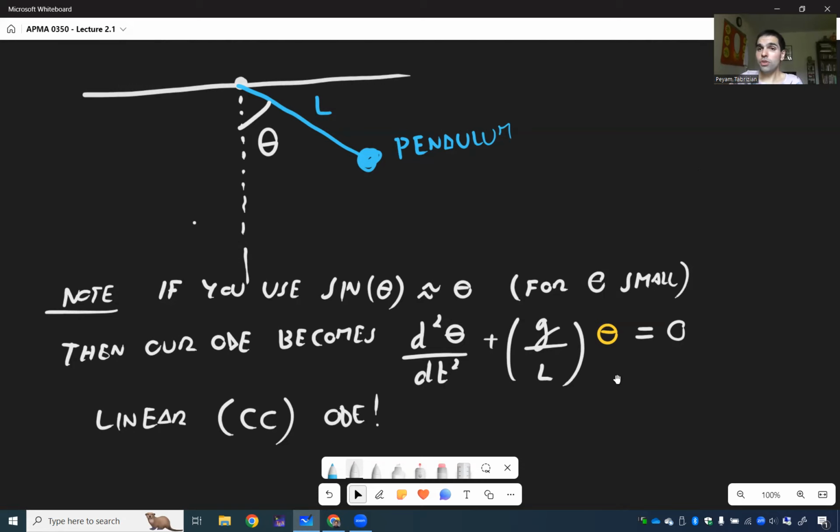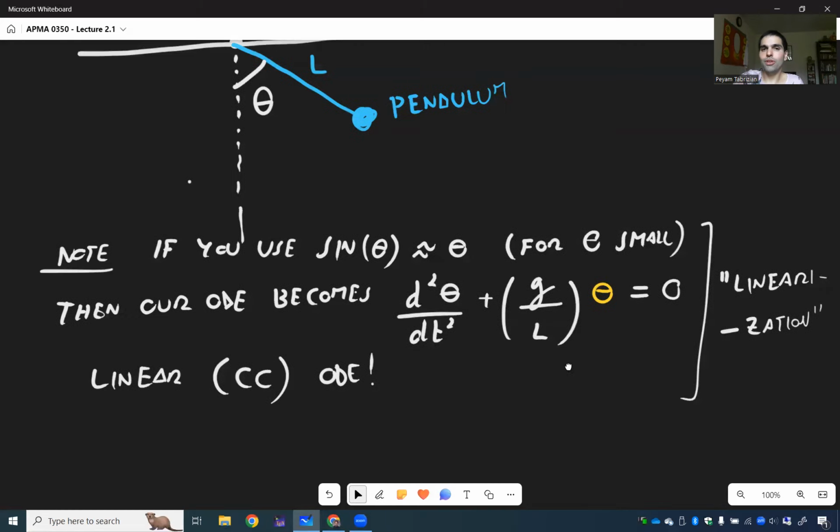And what I've shown you here, the process of replacing a nonlinear ODE by a linear one, is sometimes called linearization. Which, by the way, you have done in calculus before, where you replace your function by a tangent line. It's the same.